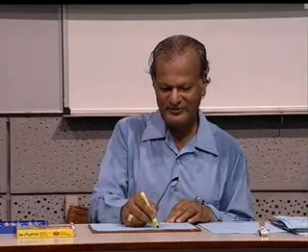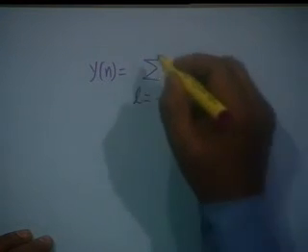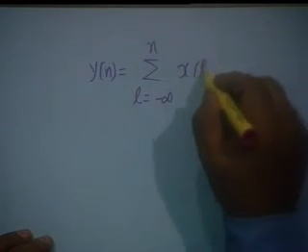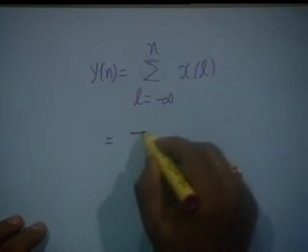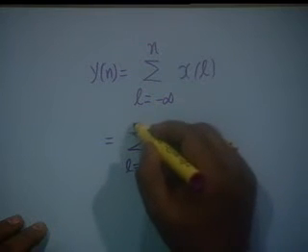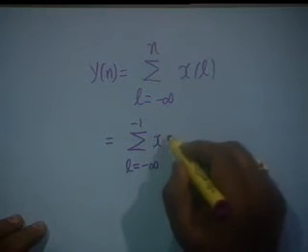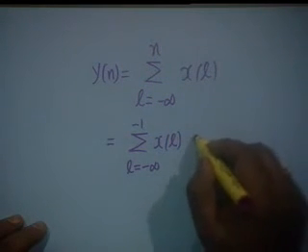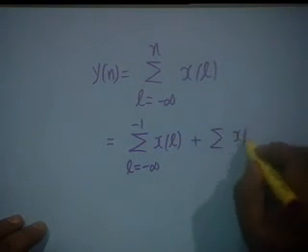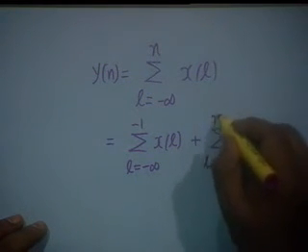Okay? This equation can also be written in a different form, y of n equal to summation L equal to minus infinity to n x of L. We can also write this as the summation of x of L for L equal to minus infinity to minus 1, let us say, plus the summation of x of L, L equal to 0 to n.